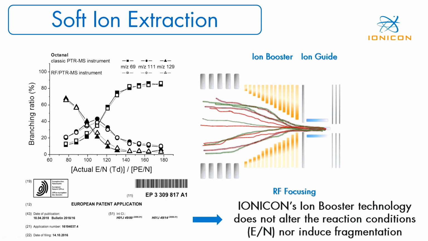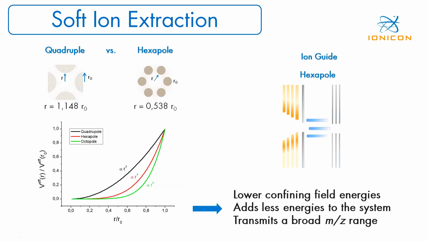This figure, extracted from the respective patent application, compares the fragmentation patterns of octanol with and without funnel for various E/N settings. The results are very comparable. The second step for a soft and efficient ion extraction from the drift tube reaction chamber is our hexapole ion guide.